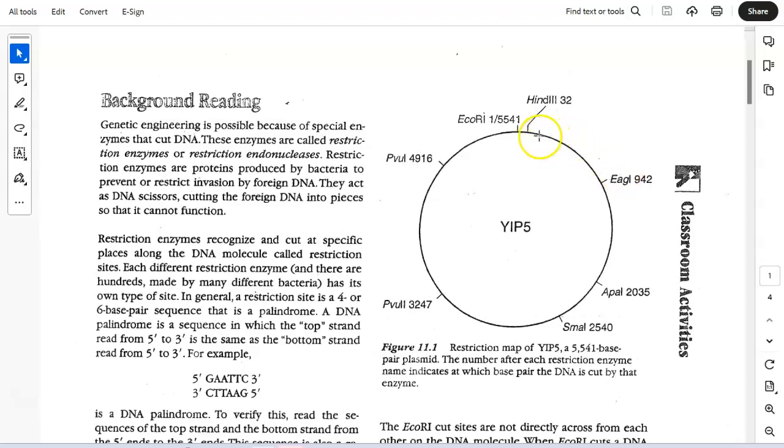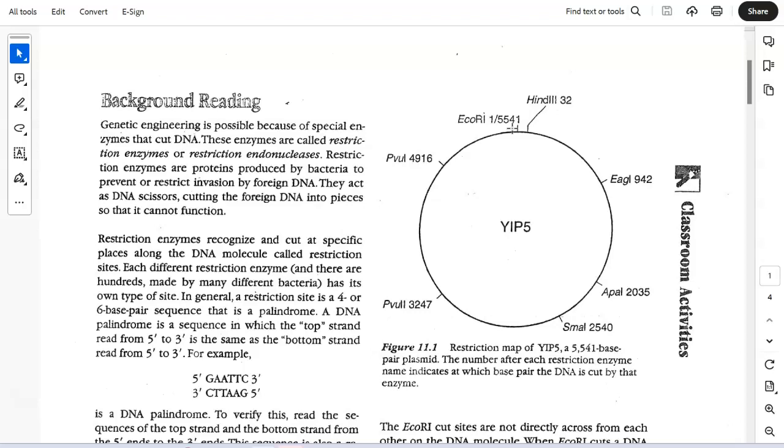So I will have one fragment from here to here that's 942 base pairs long. The other fragment is going to be the rest of it, going from this point all the way around the ring back to the starting point, and that fragment is going to be 4,599 base pairs long. So that's what happens for number 10.